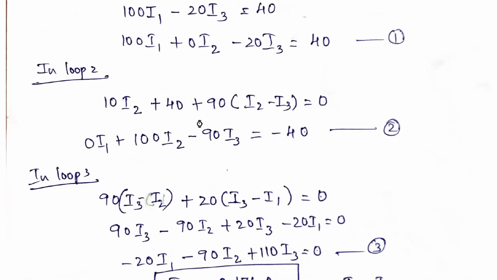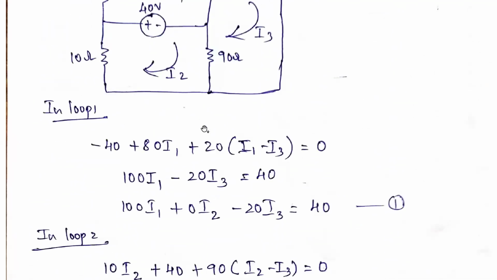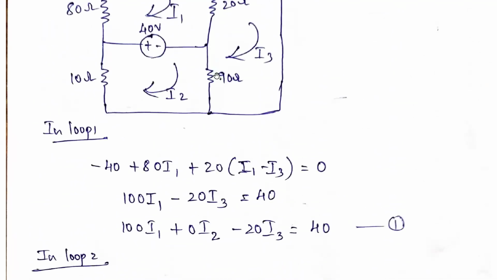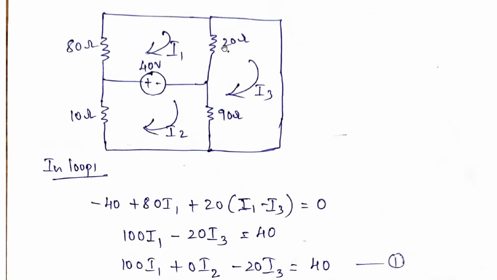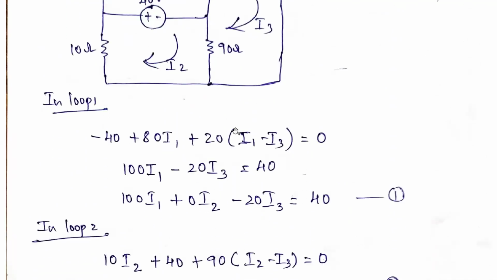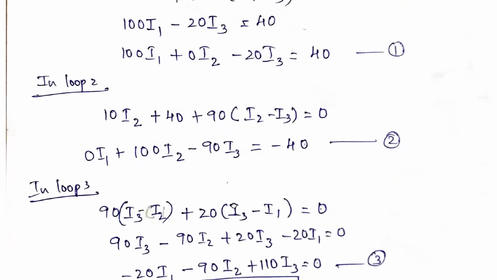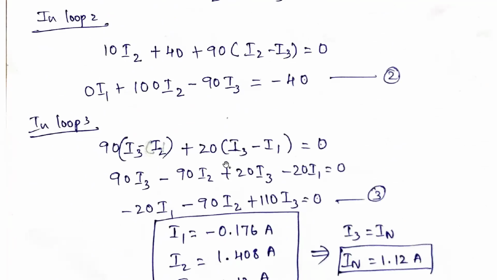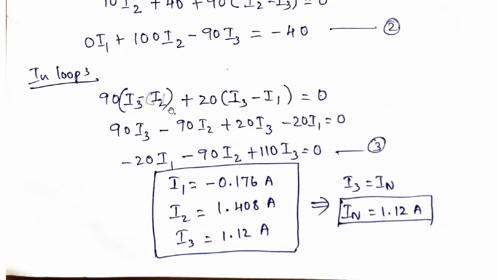Similarly, in loop 3, same thing we need to do. First 90 is there. So 90 into (I3 minus I2) plus 20 into (I3 minus I1) is equal to 0. Further simplifying, we got minus 20 I1 minus 90 I2 plus 110 I3 is equal to 0.